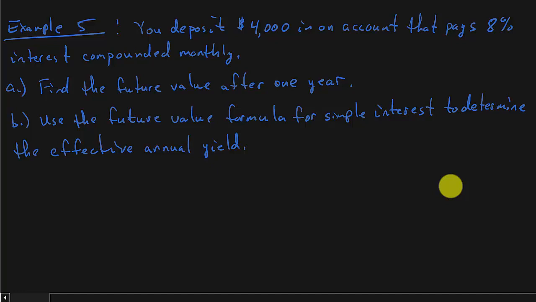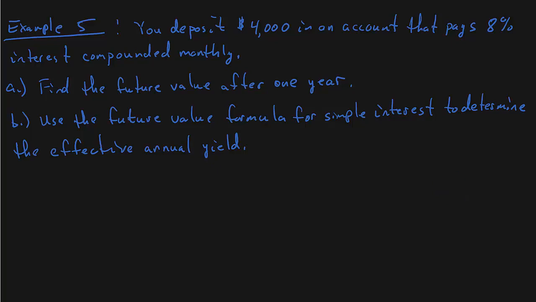All right. It says you deposit $4,000 in an account that pays 8% interest compounded monthly. Find the future value after 1 year. So that's like the second problem that we worked.